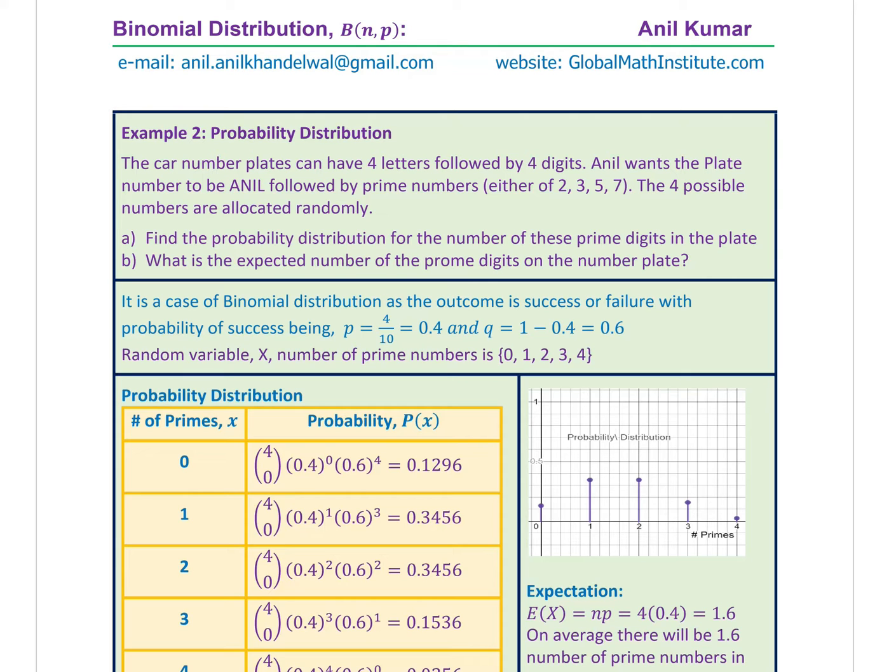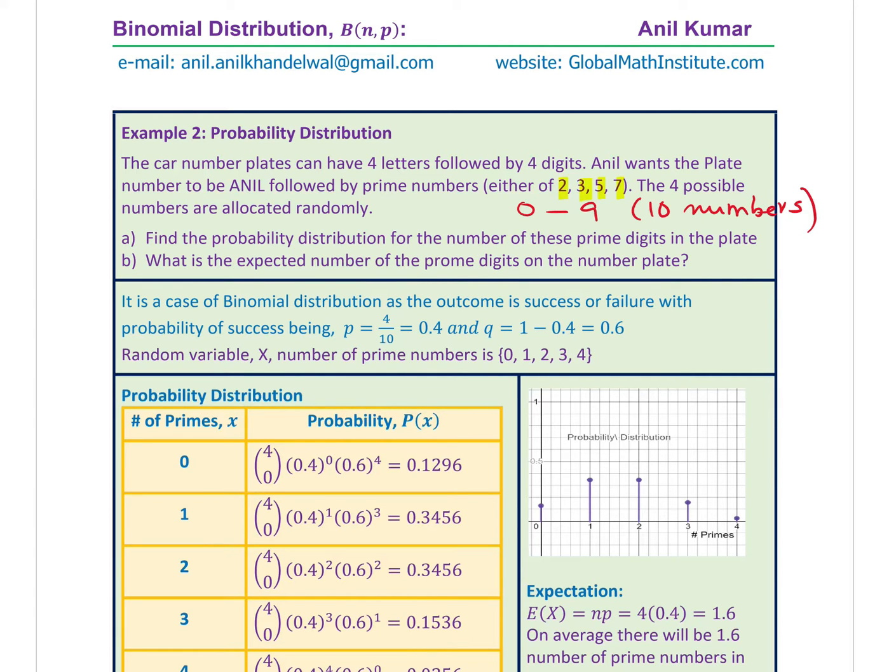Now, when we're talking about these numbers, then we know the numbers which you could get is from 0 to 9. So that means there are 10 possible numbers, right? Now, in this particular case, interest is in these four prime numbers, and therefore the probability of success will be 4 out of 10. Correct? That is the whole idea.